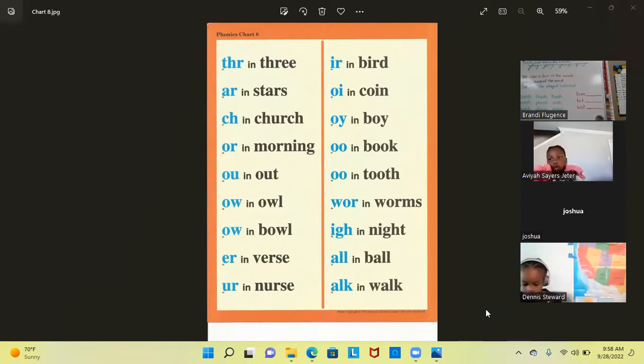OU and OW, up and out. OW says ow, an owl. AW says aw, and ball. ER says er, and verse. UR says ur, and nurse. IR says ir, and bird.